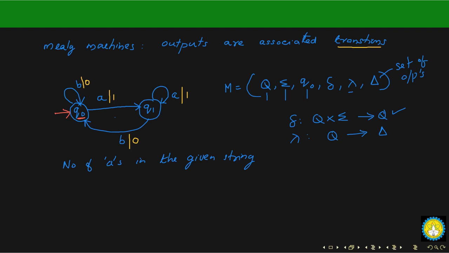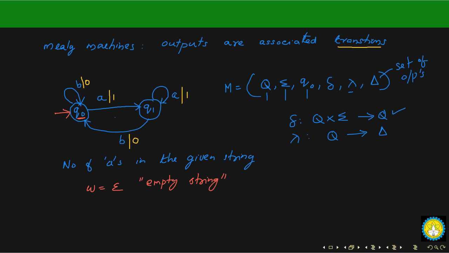So it's very important to understand that if you give an epsilon string, which means an empty string, as an input to this Mealy machine, it cannot generate an output.